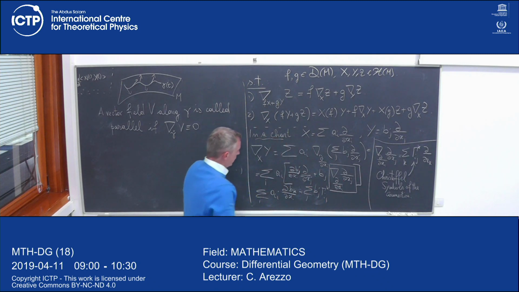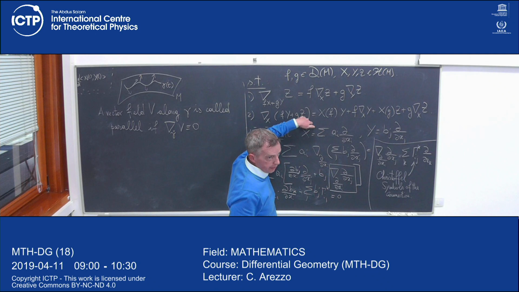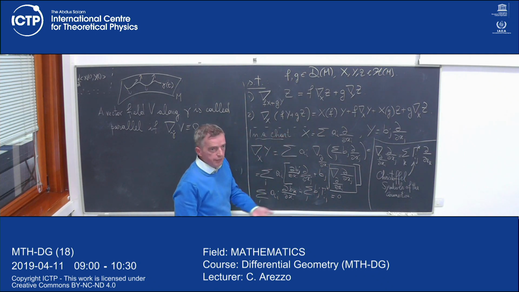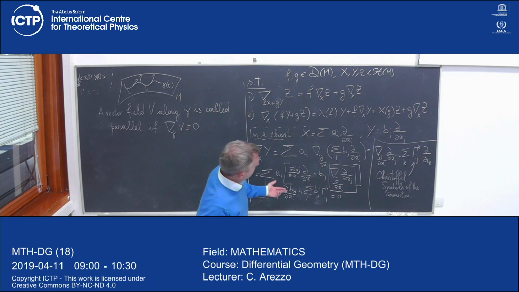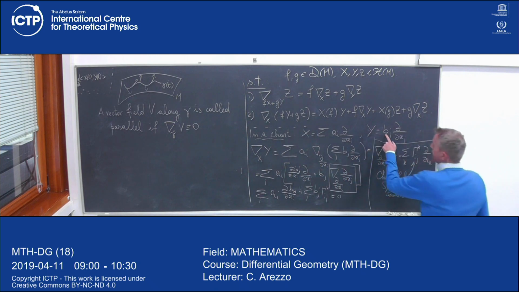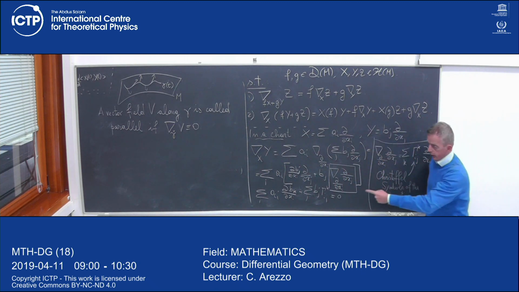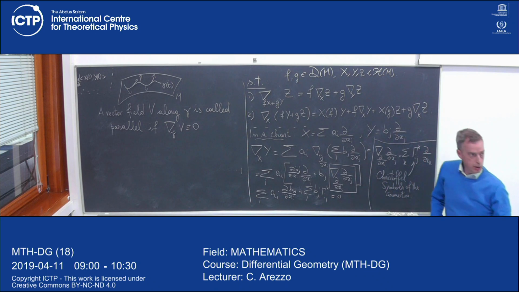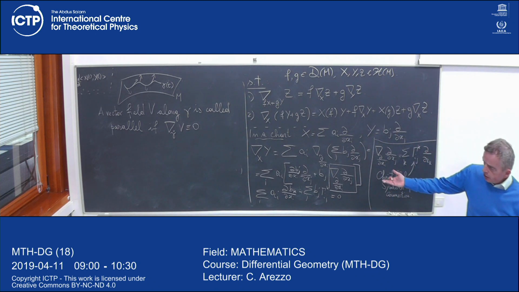What are the conditions? X is the tangent vector to the curve gamma, so somehow the a are given. You give me a bunch of a(t). And you are asking what it means that the vector b satisfies this kind of equation. For sure, you can imagine this has nothing to do with the b being constants.